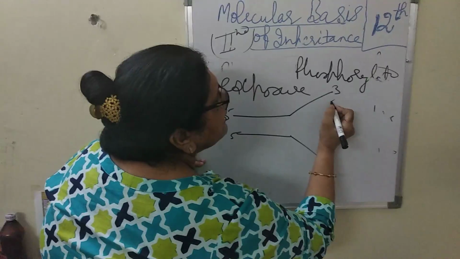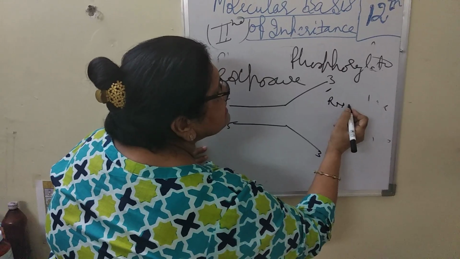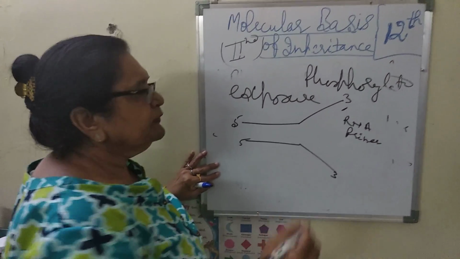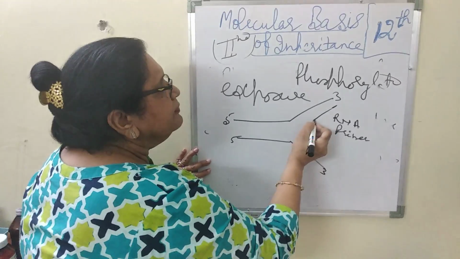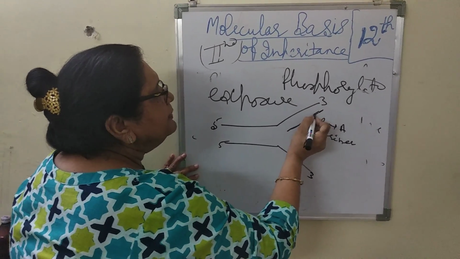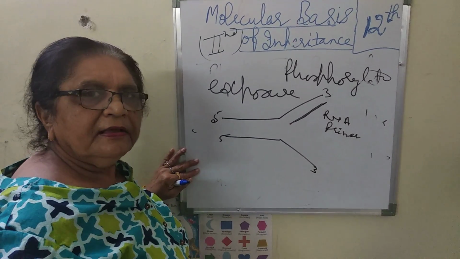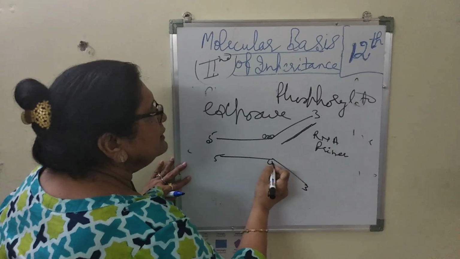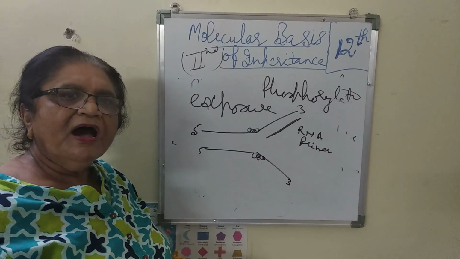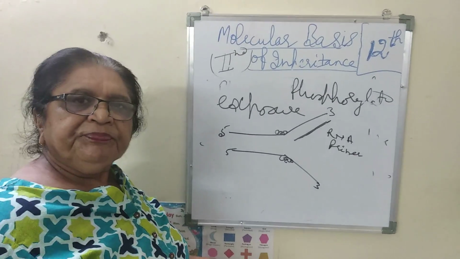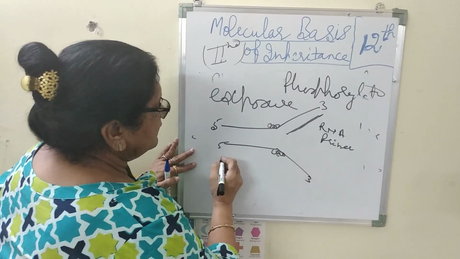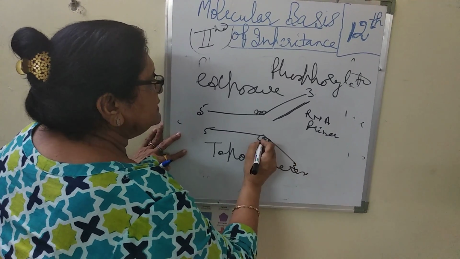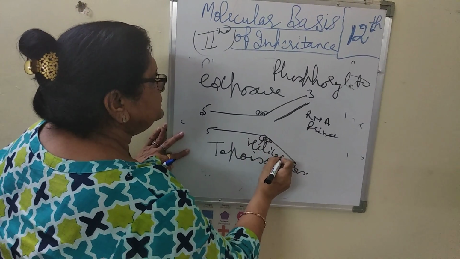Then on this side they need an RNA primer, or RNA primase. It forms a continuous strand without any gap. Similarly, two enzymes are responsible for unwinding and separating the strands: topoisomerase, and this one is called helicase.